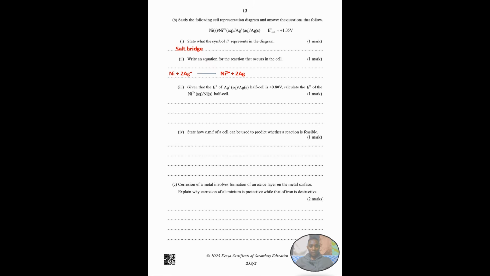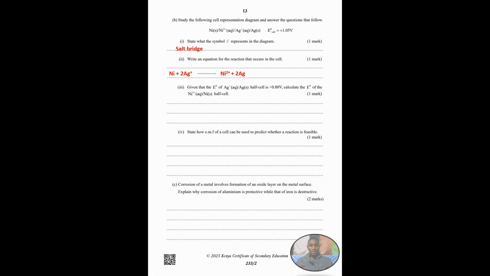So we have our equation here, nickel solid. Please learners, don't forget to write the state symbols. Nickel solid plus 2 silver ions, aqueous, and we're able to obtain nickel ions in aqueous form, plus silver solid.